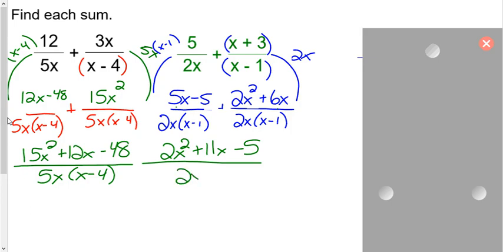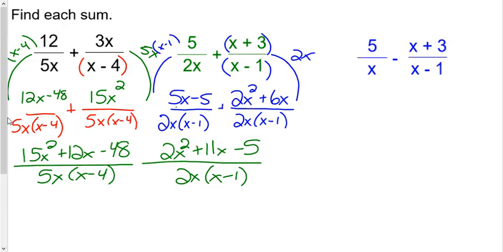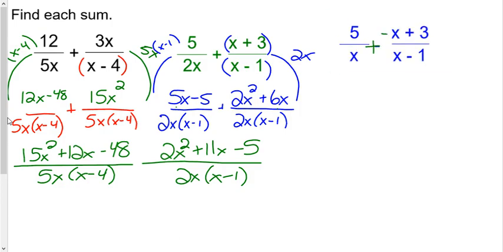And then our common denominator of 2x times (x minus 1). Again, on a subtracting problem, plus, and then you have to flip all of the signs. So we're going to make it negative x minus 3.